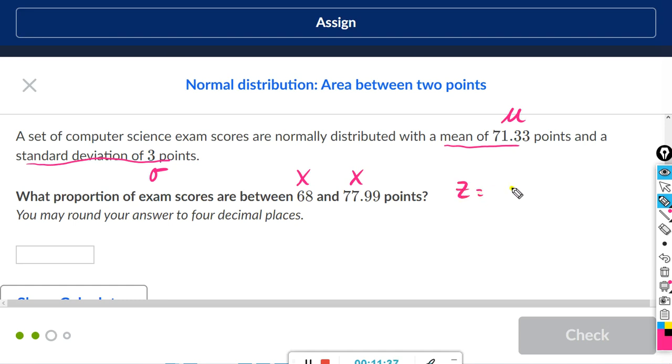The z-score formula, x minus mu divided by sigma. All right, so we're going to apply that twice, one for each score. All right, so the first x is 68.